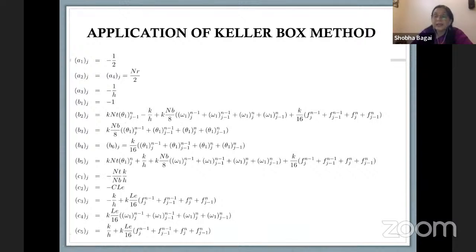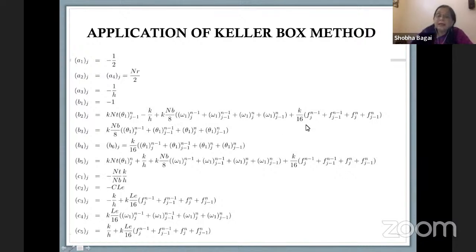Theta 1 is theta dash, which basically means the rate of change of temperature. Similarly, my omega 1 is the rate of change of mass transfer, and that will also decrease because it goes from some constant value of phi at the wall to phi infinity, where the assumption is that phi is greater than phi infinity.